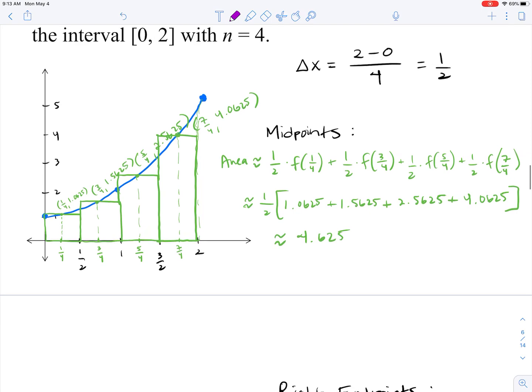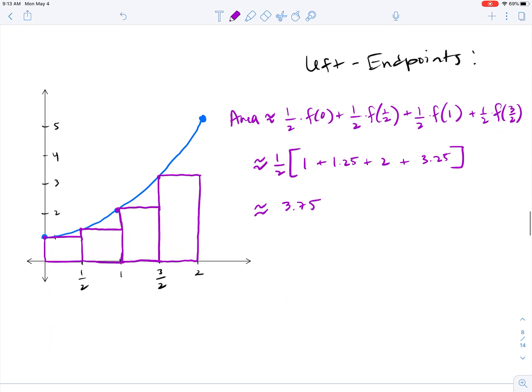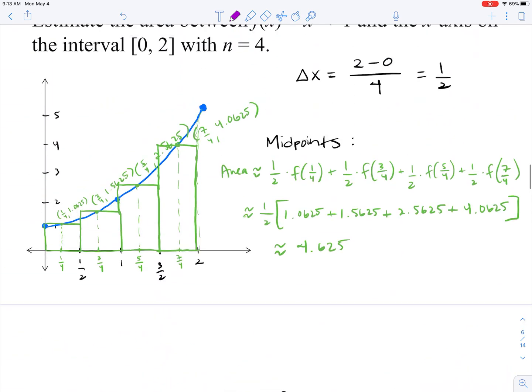So we get that area, when we're using the left endpoints of the subinterval, is approximately 3.75. So these numbers are pretty different.